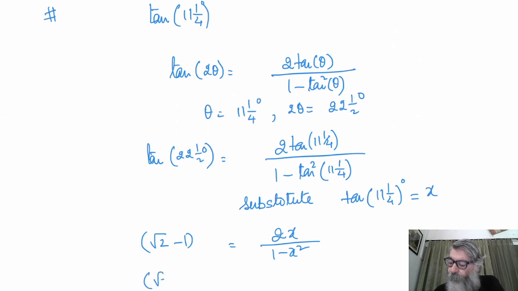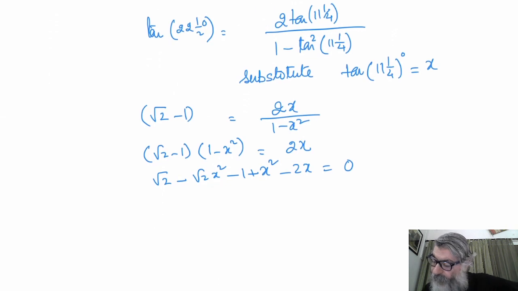So (root 2 minus 1)(1 minus x square) is equal to 2x. What will we get? Root 2 into 1 is root 2, minus root 2 x square, minus 1, plus x square, minus 2x is equal to 0. I shifted 2x to this side.